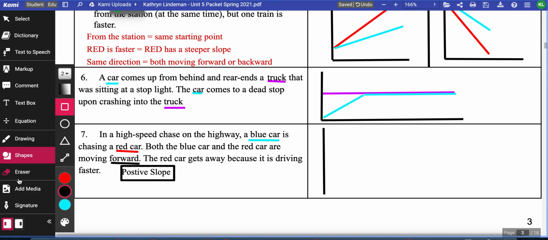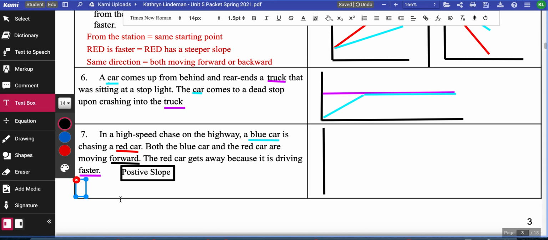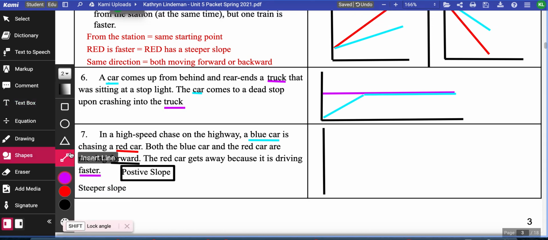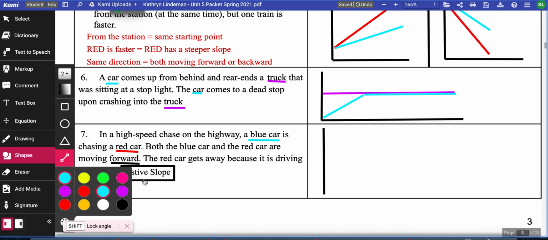So forward equals positive slope. And then if we are moving faster, that means that we have a steeper slope. So the red car is moving faster than the blue car, but they're both going the same direction.